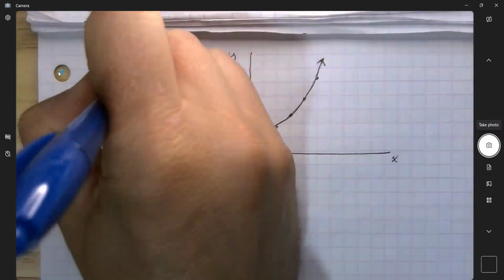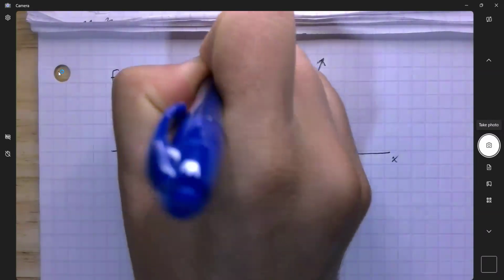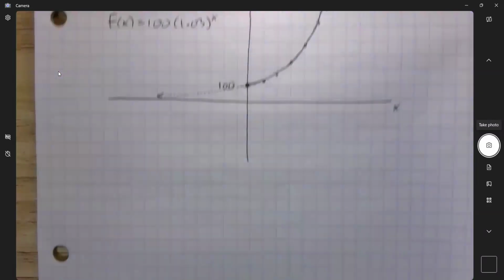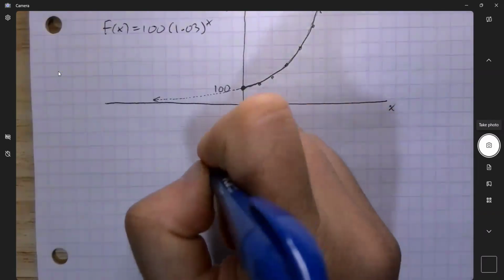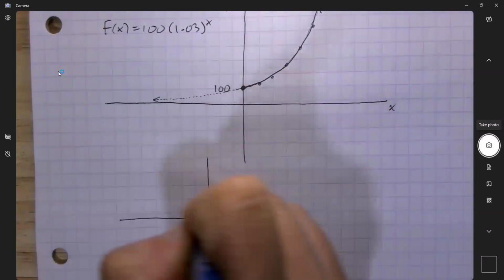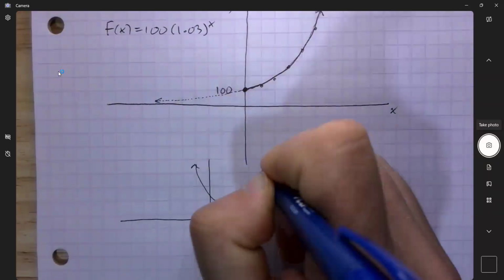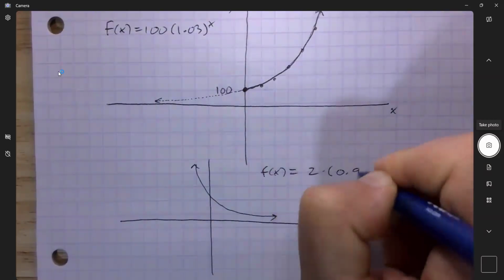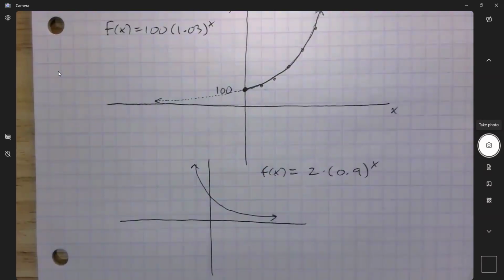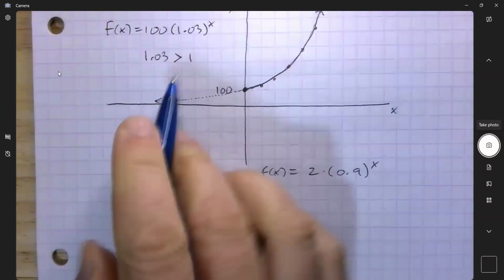This was f of x equals 100 times 1.03 to the x. And this one here was my other one, which is f of x equals 2 times 0.9 to the x. And the difference is 1.03 is a number bigger than 1.